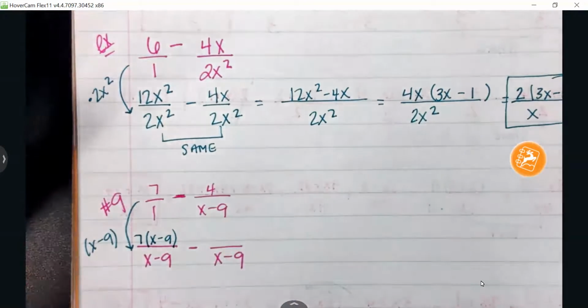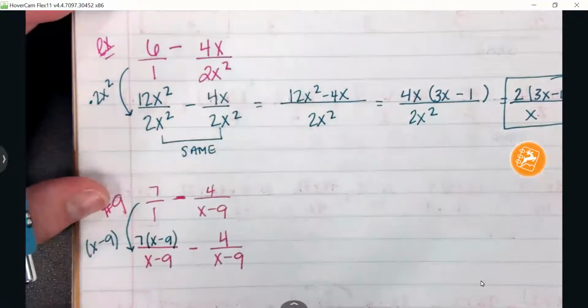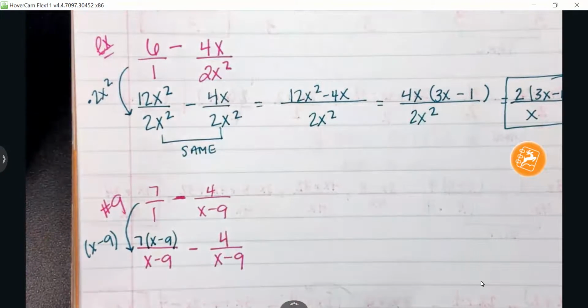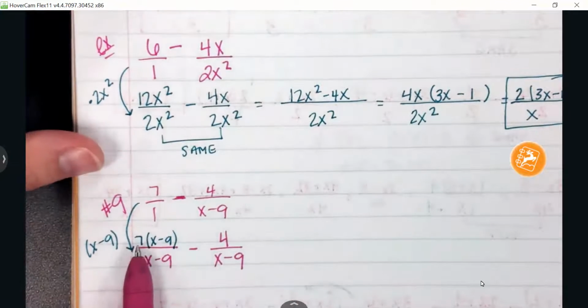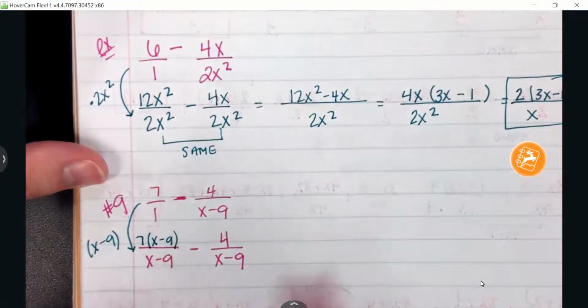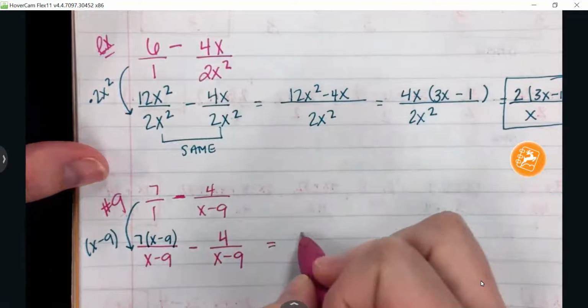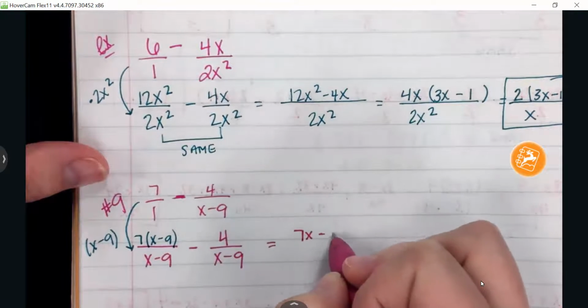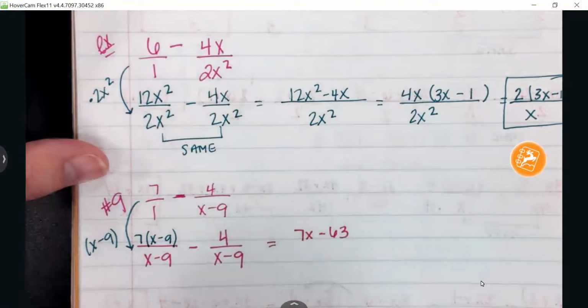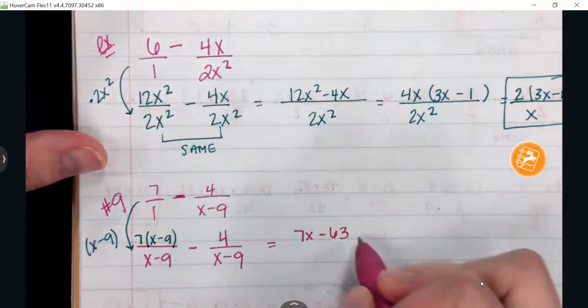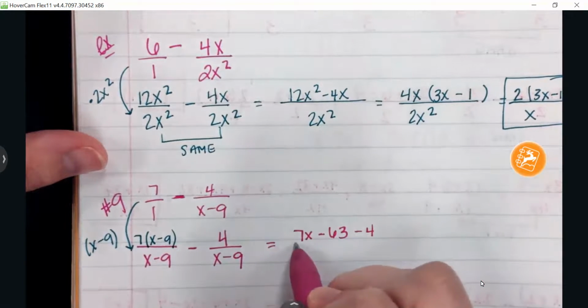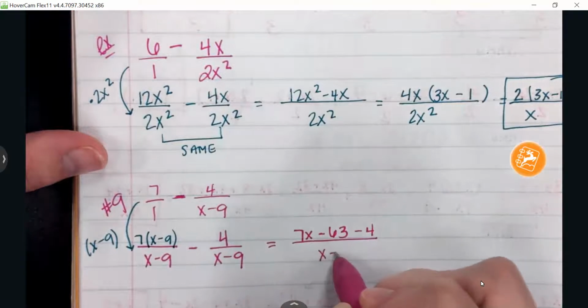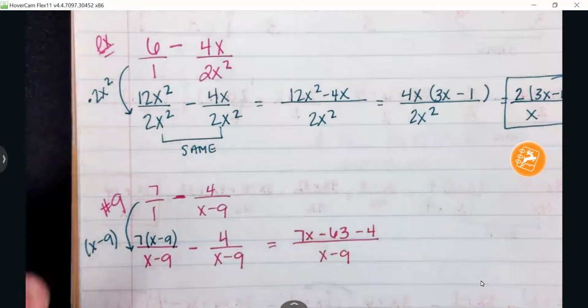No, because it's exactly what I need it to be. Okay? Now, what do I do with this 7? We distribute it. So I have 7x minus 63 minus 4 all over x minus 9.